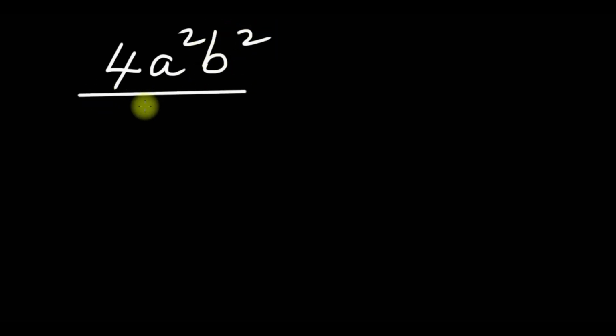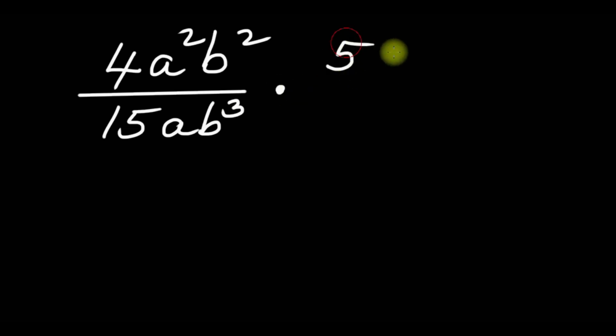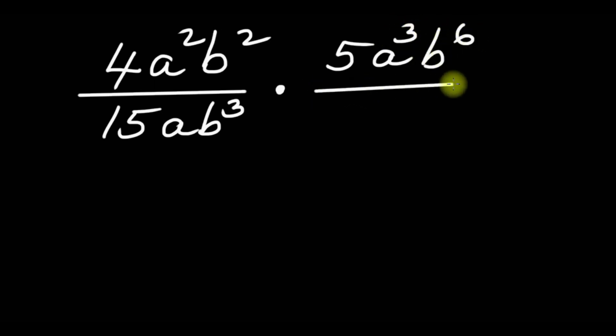So here we have 4a squared b squared all over 15ab to the third power, multiplied with 5a to the third power b to the sixth power, all over 12a to the fourth b to the seventh.